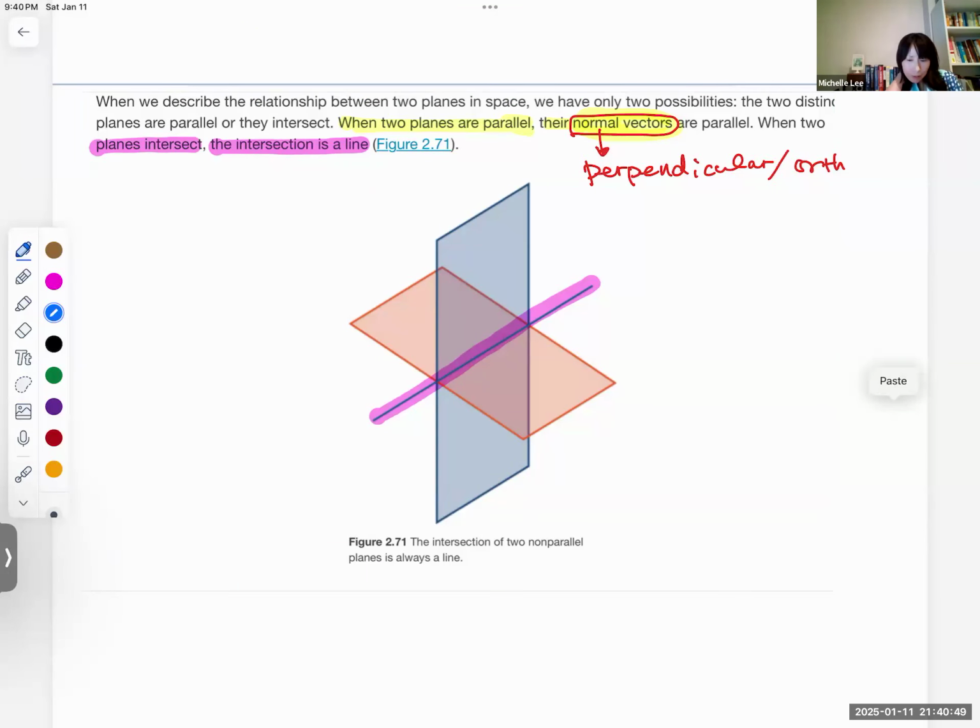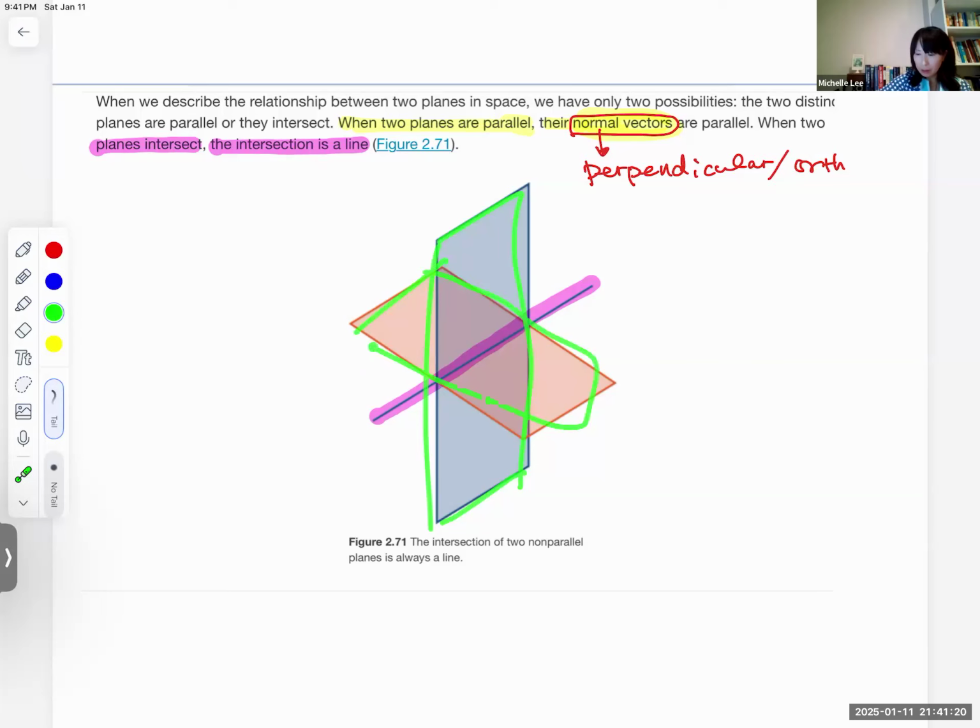Okay, so I have this one. Let me read. When two planes are parallel, we're not talking about the line. We had a line earlier, right? Two lines are parallel, two lines intersect, neither parallel nor intersecting, then skew lines, right? So we are talking about the planes. This is a plane.